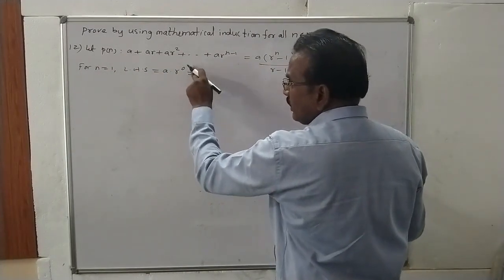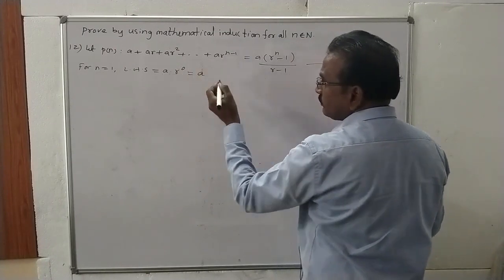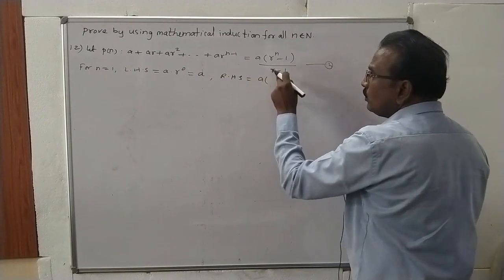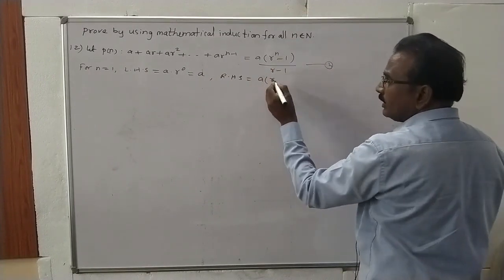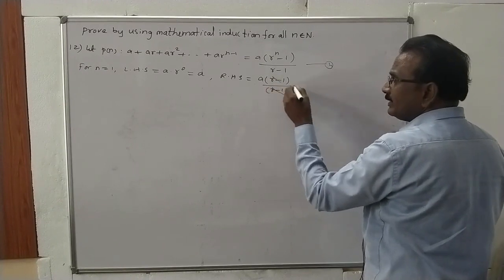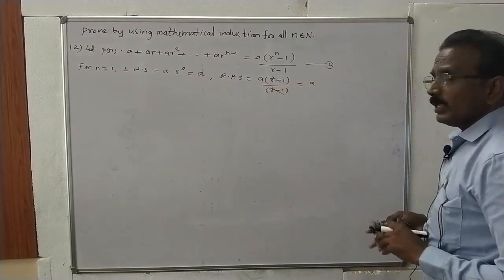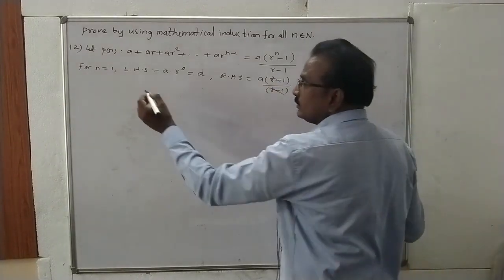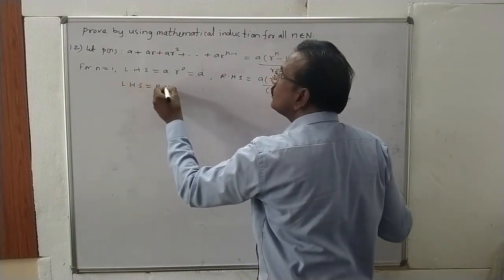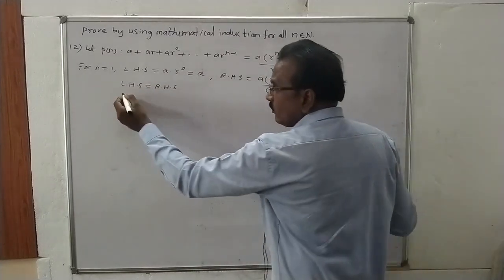Any number power 0 value is 1, a into 1 is equal to a. Next, RHS is a into r power 1 minus 1 divided by r minus 1, get cancelled, that is a. So clearly LHS is equal to RHS. So therefore P of 1 is true.